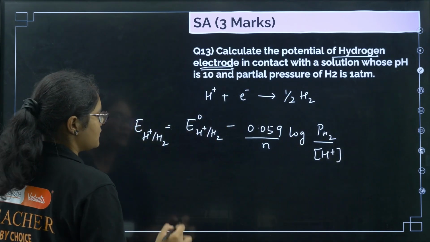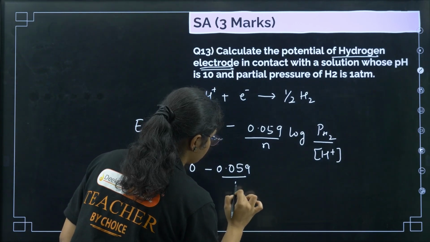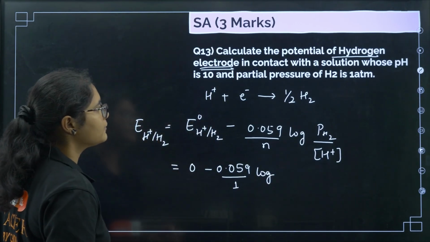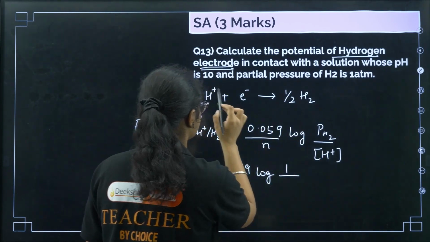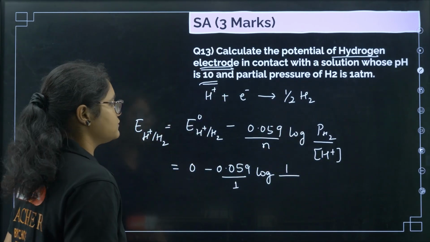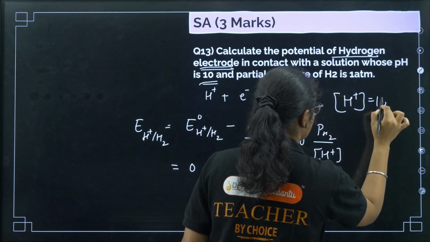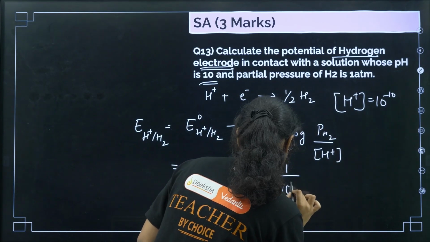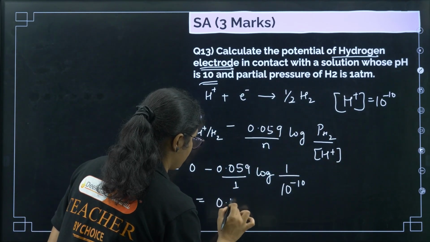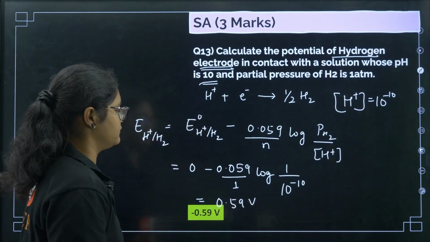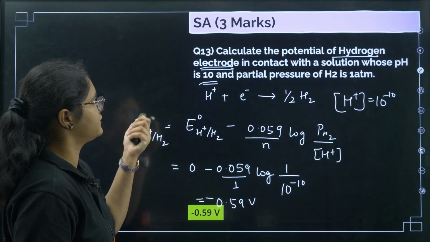Let us substitute: this is 0 minus 0.059 by 1 log of pressure of H2, which is 1 atm, and the H⁺ concentration. Here the pH value is given, so the H⁺ concentration is 10 to the power of minus 10. I will substitute 10 to the power of minus 10. Now this will go up, and if you multiply you will get 0.59 volt. So the correct answer will be minus 0.59 volt.